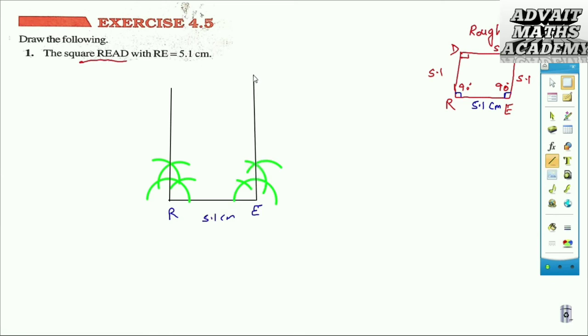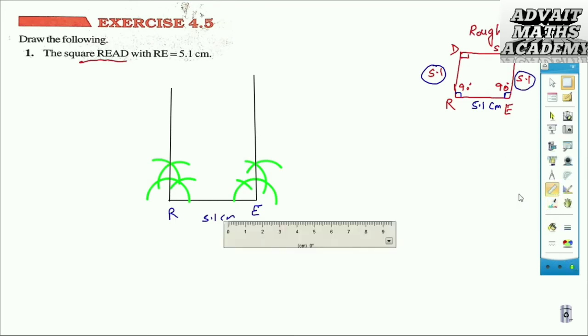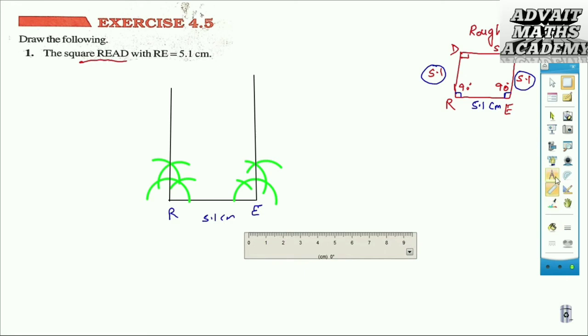Then we know in a square all sides are the same, that means draw 5.1 centimeter on all sides. Then take a distance of 5.1 centimeter in your compass.